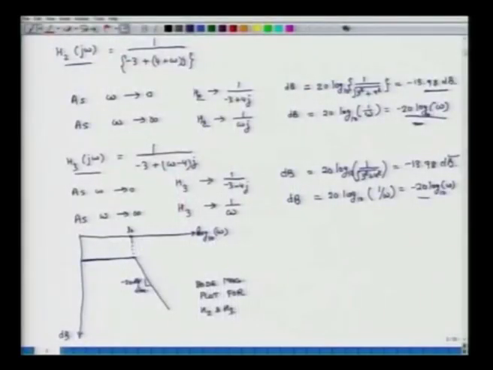So, this is log of 0.2. So, this plot is for H2 as well as H3.